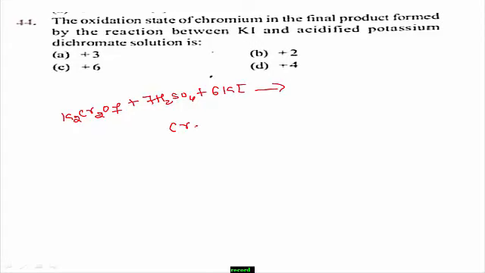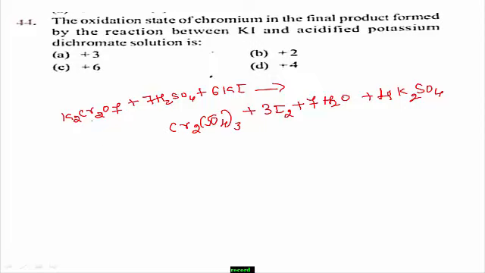Then we get the product Cr2(SO4)3 plus 3I2 plus 7H2O plus 4K2SO4.